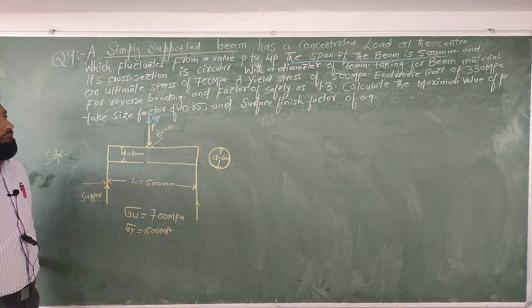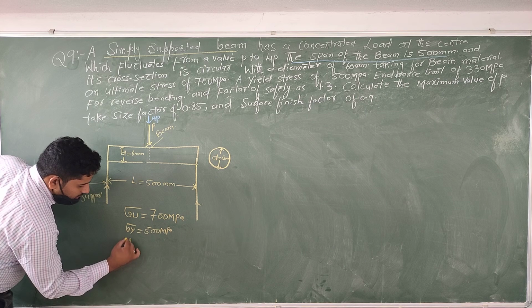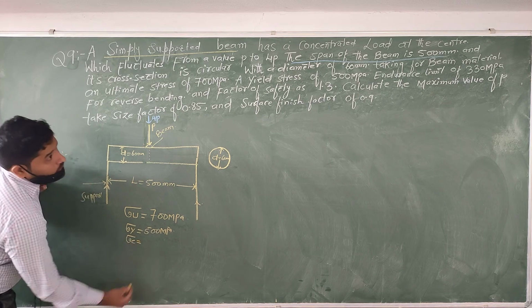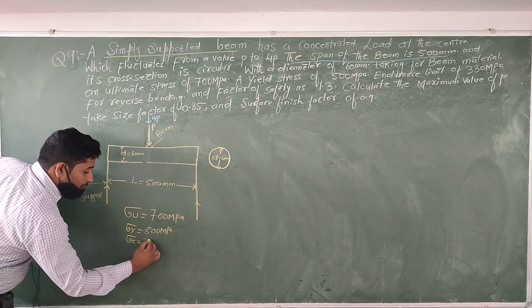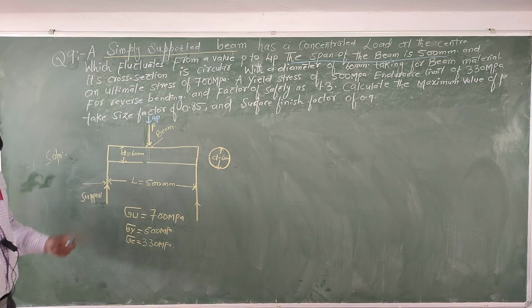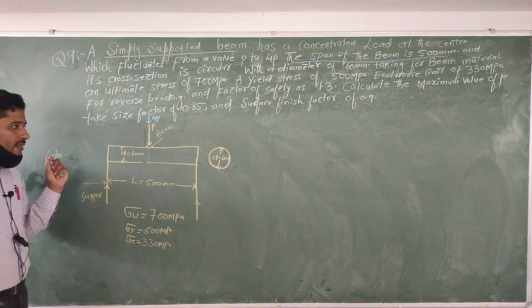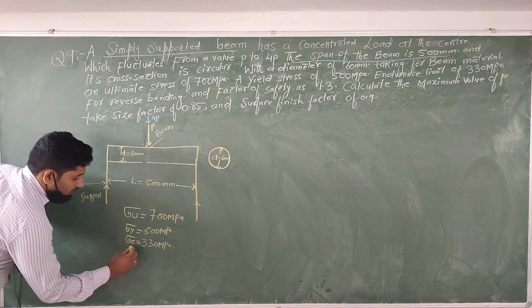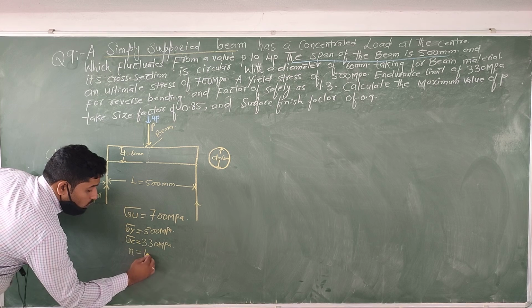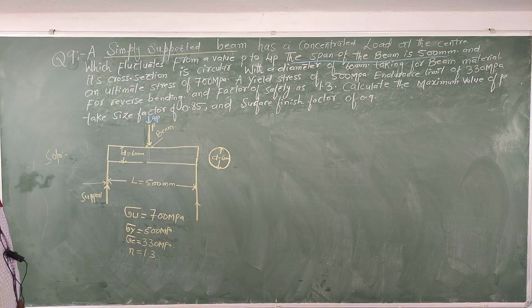The endurance limit of the material is sigma E equal to 330 megapascal for the reverse bending. The factor of safety is represented by n equal to 1.3. Calculate the maximum value of P.